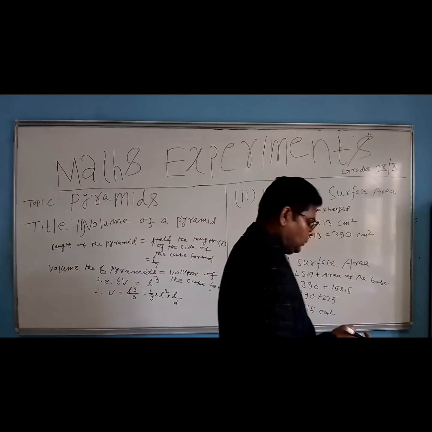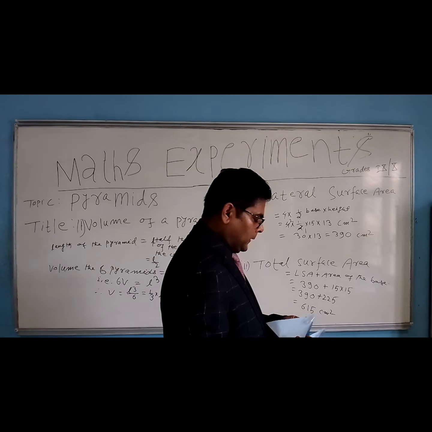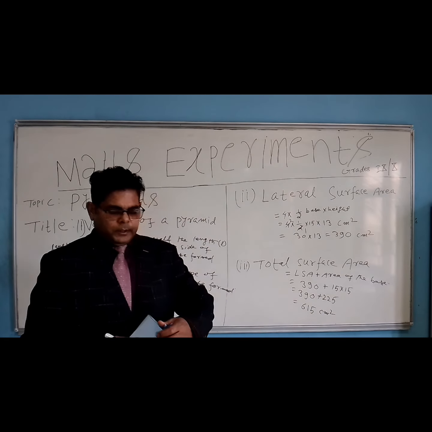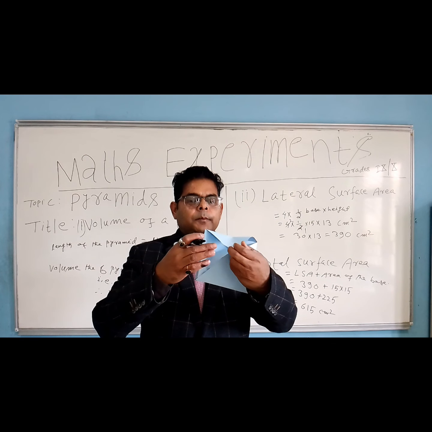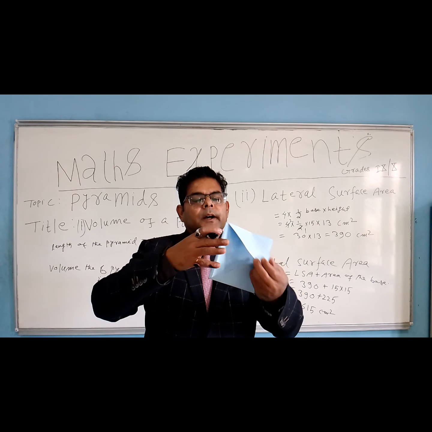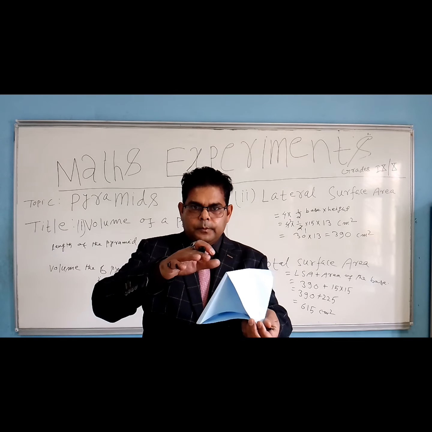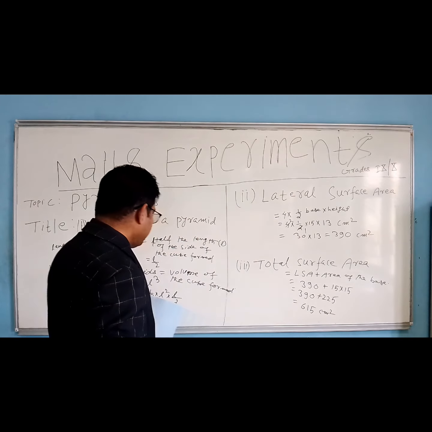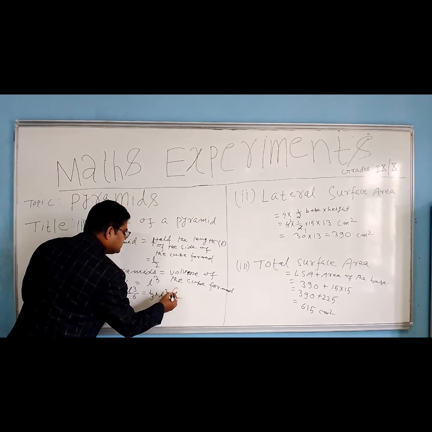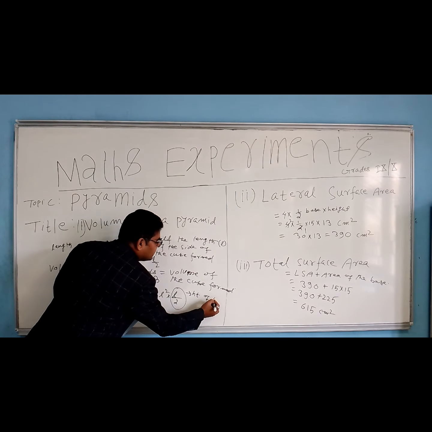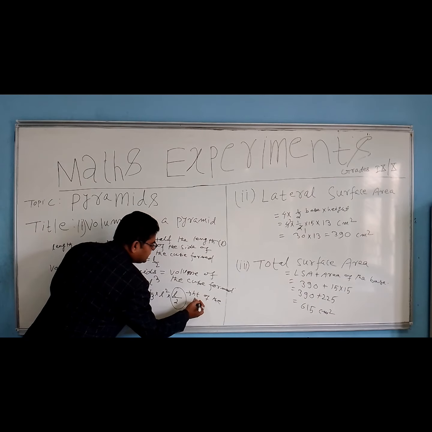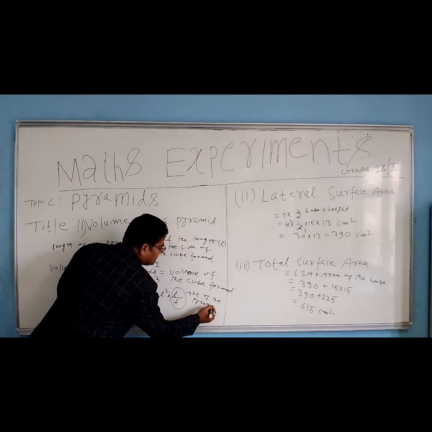In this pyramid, if you form the cube, the height of the pyramid will be half the length of the side of the cube. Alright? So this is the height of the pyramid.